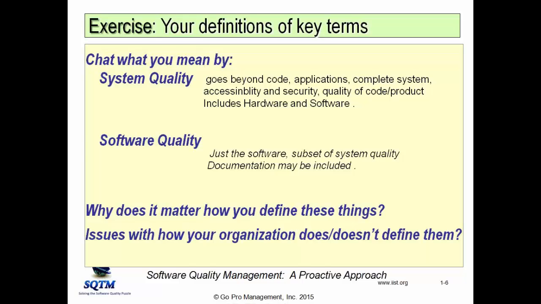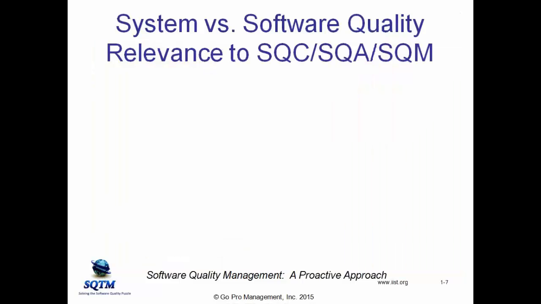Now, in some organizations, there's a big distinction made between system quality and software quality. And in other organizations, they're just treated as part of the same thing. It matters, because if there's a big distinction, there may be separate organizational groups dealing with system quality versus software quality.